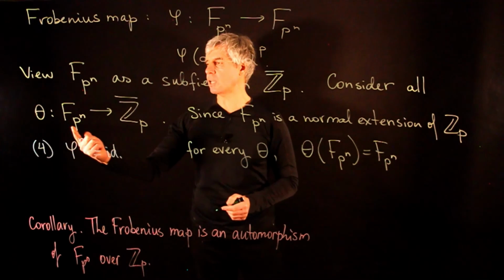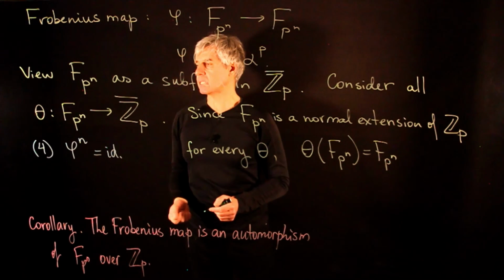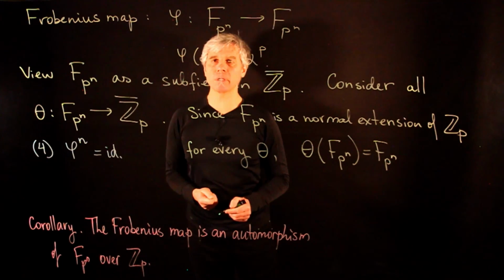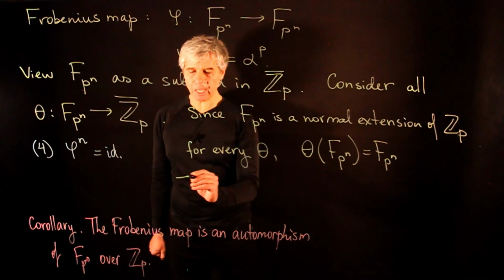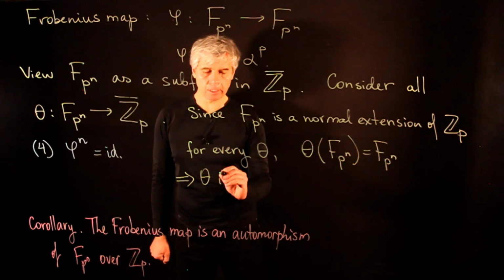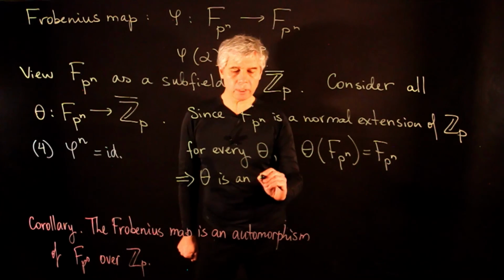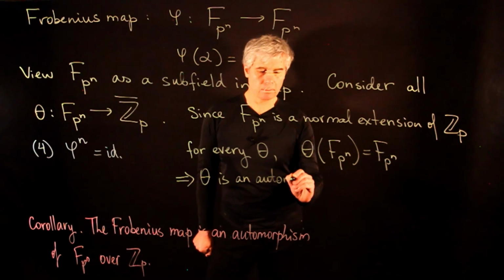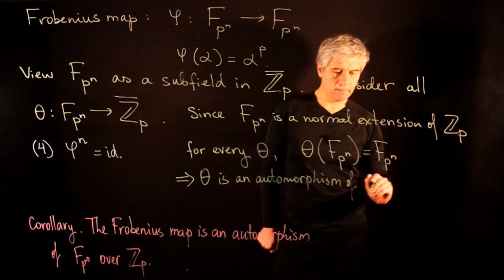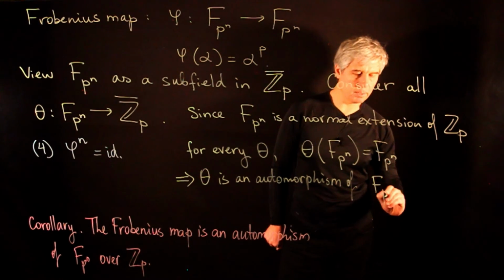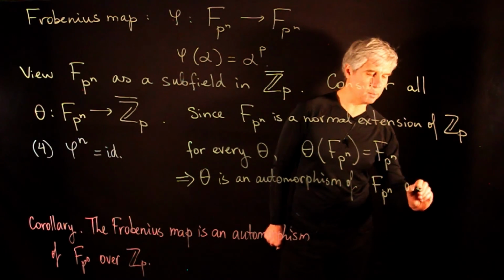Since every such embedding theta must preserve the set of roots of the polynomial x to the power p to the n minus x, we get that theta is also an automorphism of F p to the n over Zp.